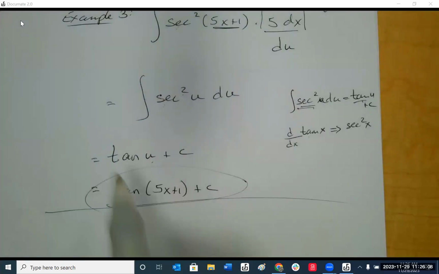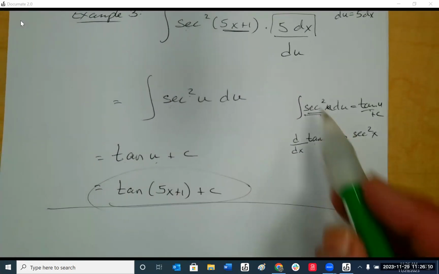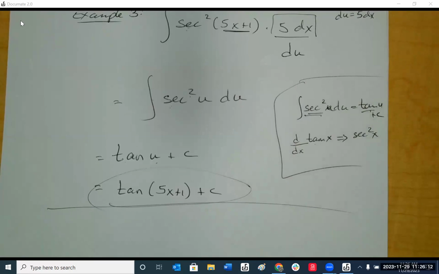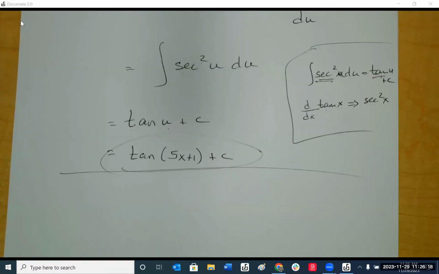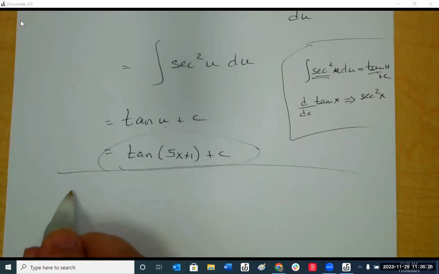See the derivative ones. So we can use both of these methods to get our answer. I'm trying to show you also that you don't get stuck just looking for one type of procedure.